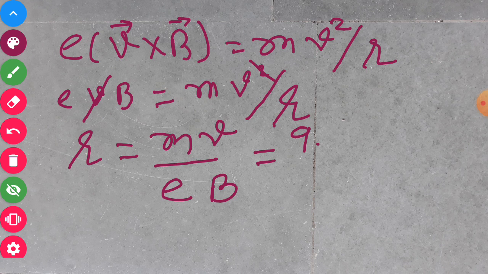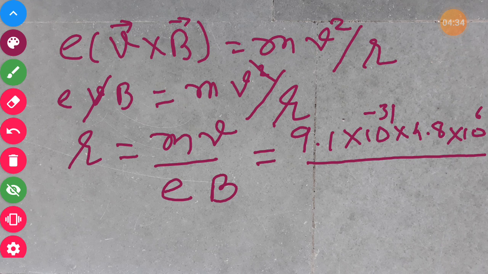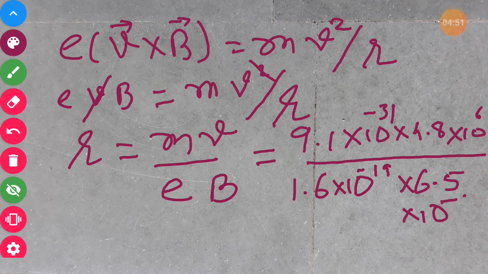Now all the values are given. Mass of electron is 9.1 × 10^-31 kg. The speed of the electron is given as 4.8 × 10^6 meter per second, and the value of charge is also known, 1.6 × 10^-19 coulomb, and the value of the magnetic field is 6.5 Gauss, so 6.5 × 10^-4 Tesla.